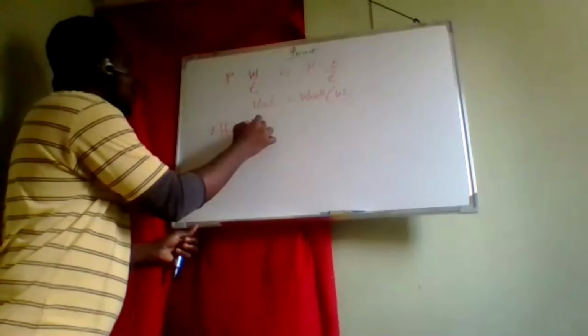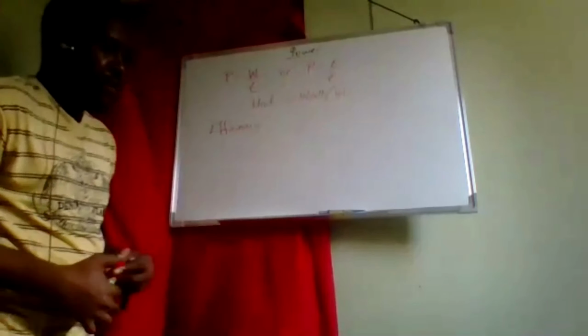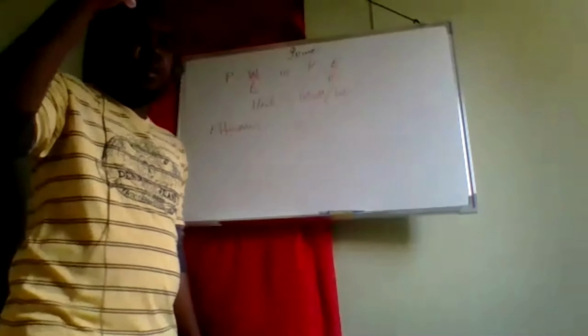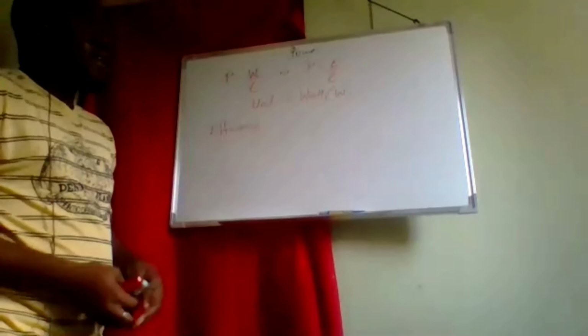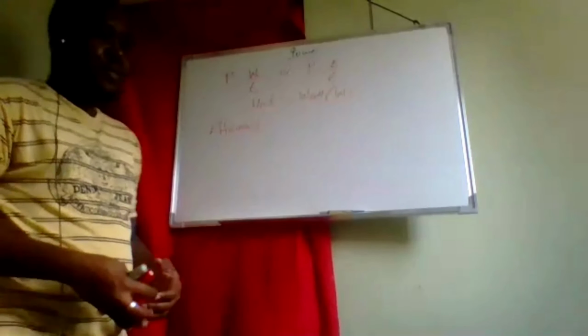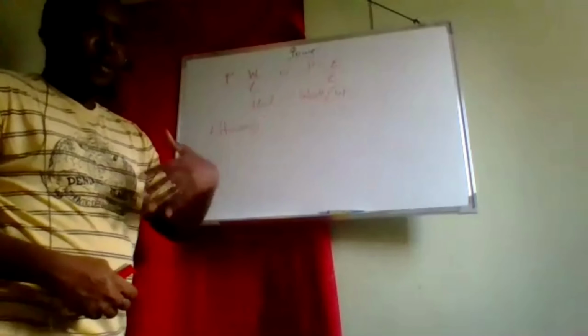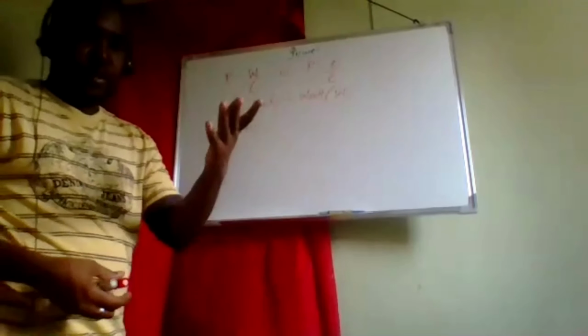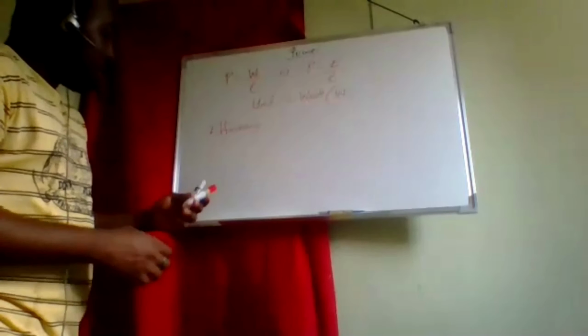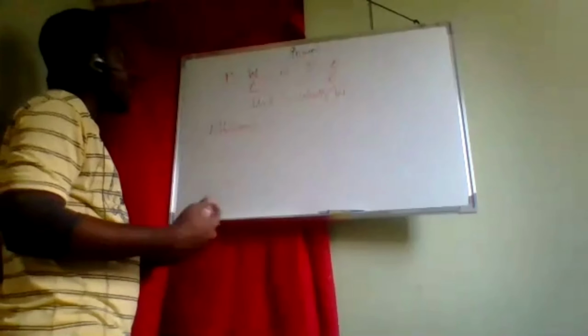So efficiency tells us: we're supplying the bulb with this amount of energy, how much useful energy can we get from the bulb? That's our efficiency. Or we're supplying this amount of power to an appliance, how much power can it produce from the power we're supplying? So efficiency is given in regards to either power or energy.